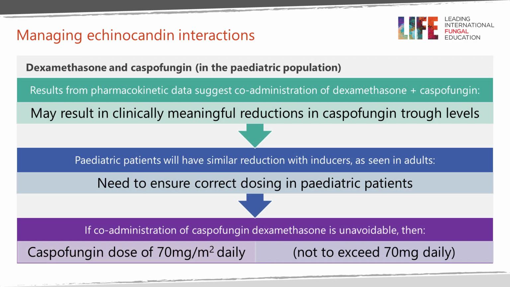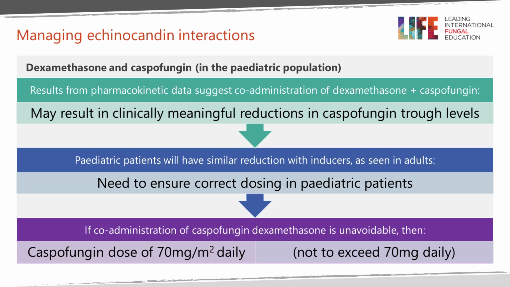So again, following through with managing echinocandin interactions, dexamethasone is a drug that perhaps we've started using a little bit more, especially in the context of COVID and treatments that work. So especially in the pediatric population, with dexamethasone and caspofungin, what we've seen from pharmacokinetic data is that we may get reductions in caspofungin trough levels, meaning that this can lead to treatment failure.